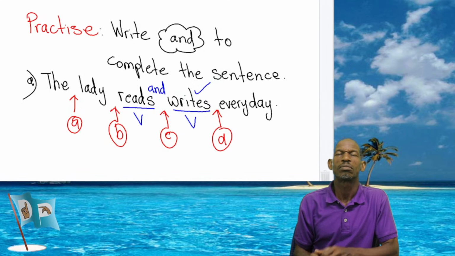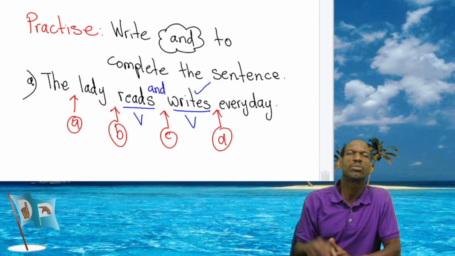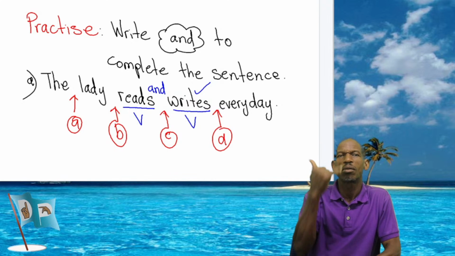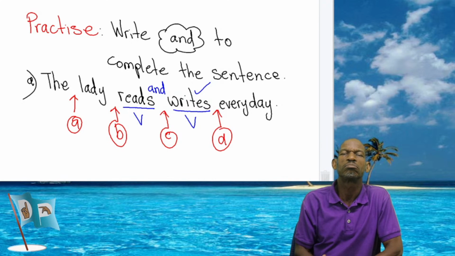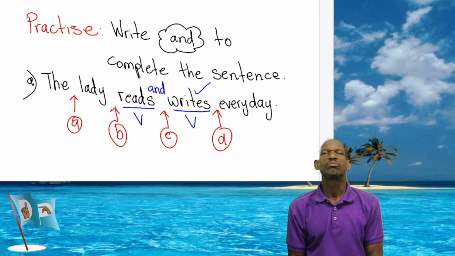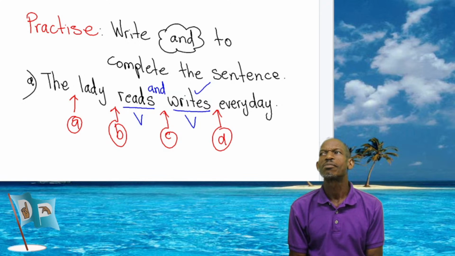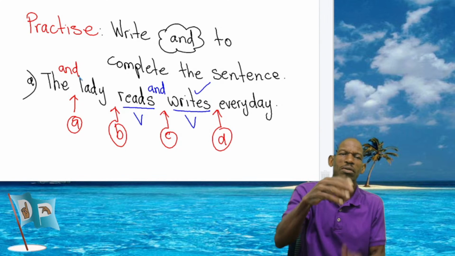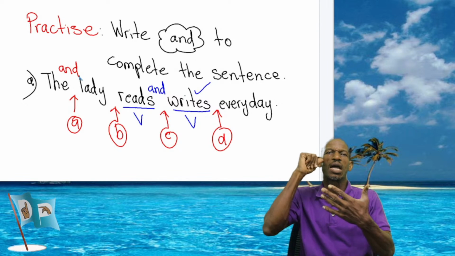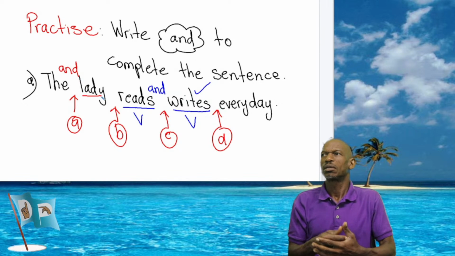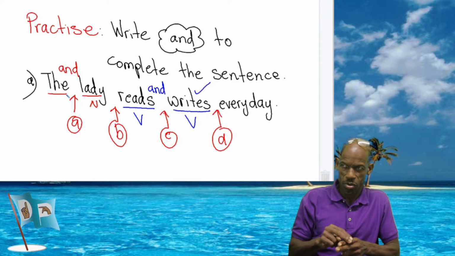Why is A wrong? Yes, Rebecca? Go ahead, I see your hand up. Why can't I put "and" here? Why is this wrong? Because a lady is a noun, but is "the" a noun?